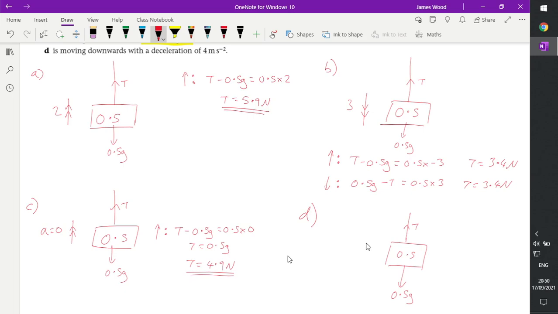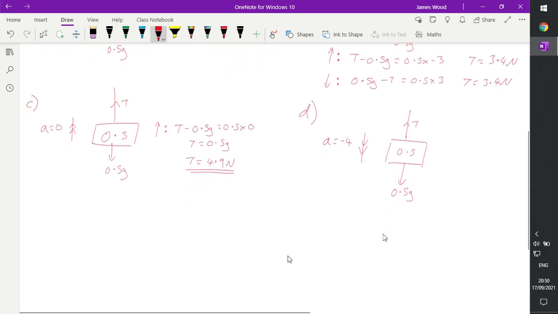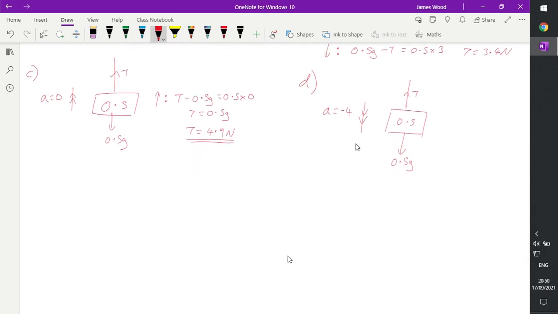So we could say that it is accelerating this way, but that A is minus 4. That's one way of thinking about it. So it's accelerating downwards, but it's getting slower as it does that. So then A would be minus 4 downwards. The other way we could interpret it is by labeling it as 4 upwards.